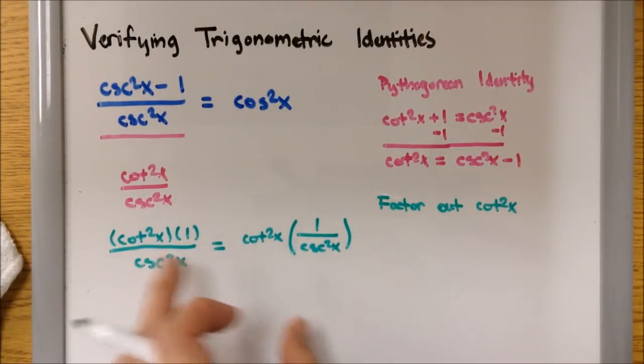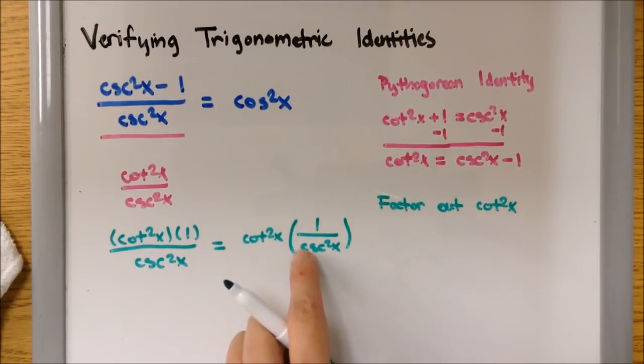So you see how I factored out cotangent squared x from the numerator and got 1 over cosecant squared x?